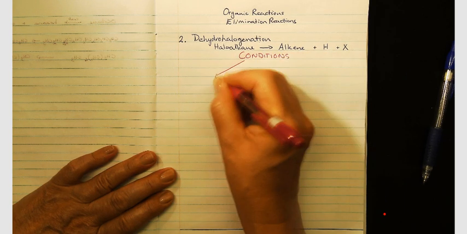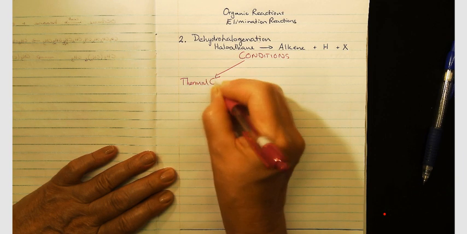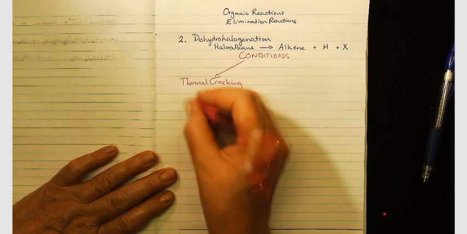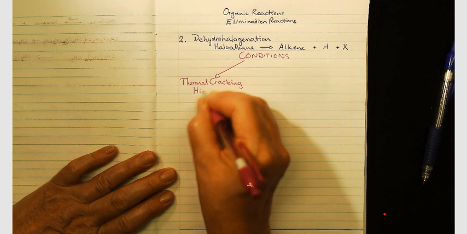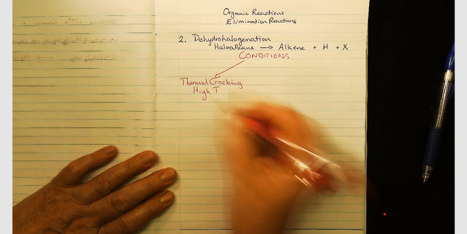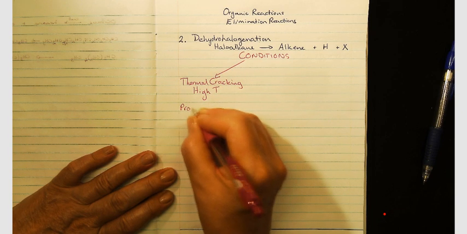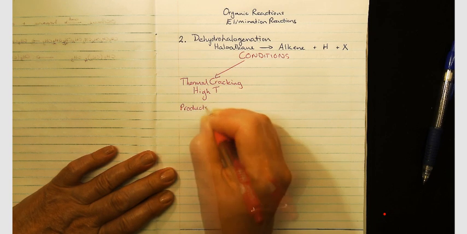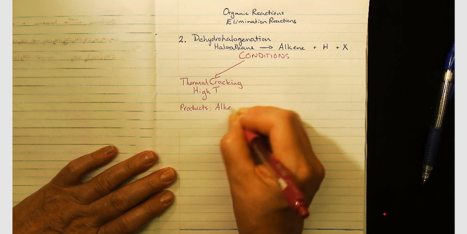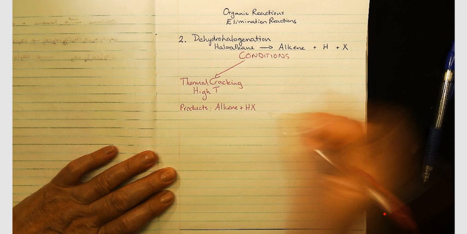There are two conditions: thermal cracking, which involves a high temperature, and the products of thermal cracking would be the alkene and the hydrogen halide.